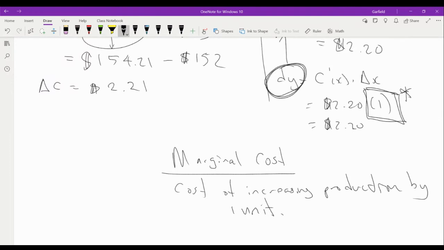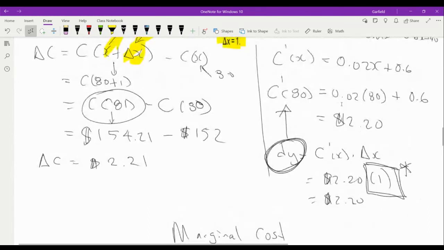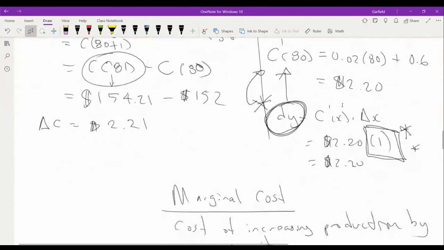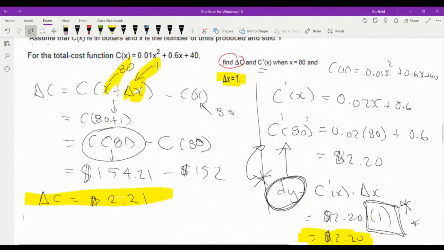And similar to marginal revenue would be the revenue by increasing 1 unit. So the approximate here will just always be equal to the instantaneous, because we're only going up by 1 unit. And once again, you can see that the approximation, which is $2.20, is very much similar to the actual cost, it's just off by 1 cent.